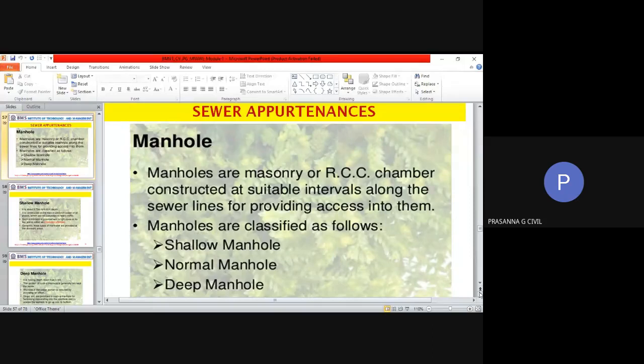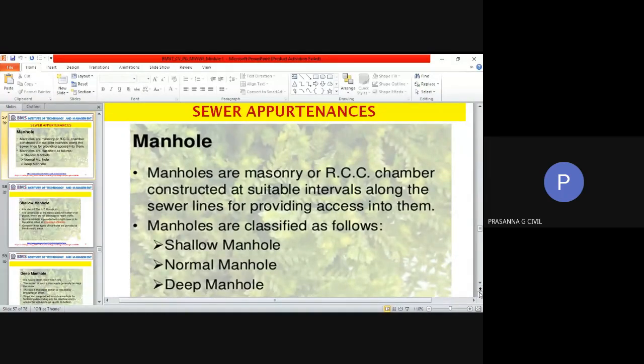Now, where is it necessary to have a manhole? Suppose your sewer lines are perfectly straight, then you can have manholes far apart, 200 meters, okay, even 500 meters apart, because the length of the pipeline is laid straight between them. But suppose there is a change in direction, there is a change in gradient. That is, what happens? The branch sewer line is at one level and your main sewer line is at another level.